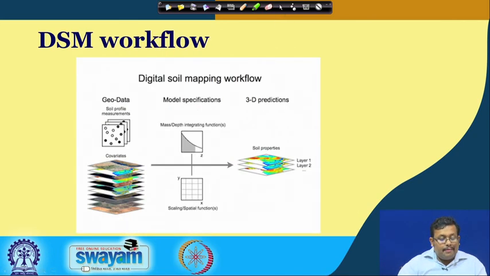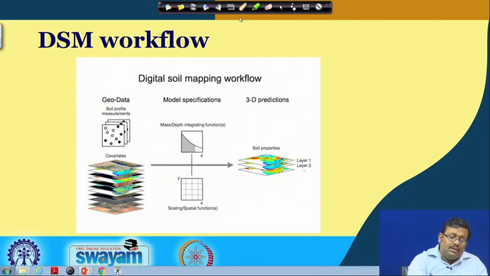So, what is the workflow of digital soil mapping? This question always comes to our mind. Now, the digital soil mapping workflow says that again the geodata is the starting point. We call it soil profile measurement or legacy soil data. So, it is our starting point. Once we get this geodata or legacy soil data, the next step is to harmonize this data across different profiles and across different horizons.